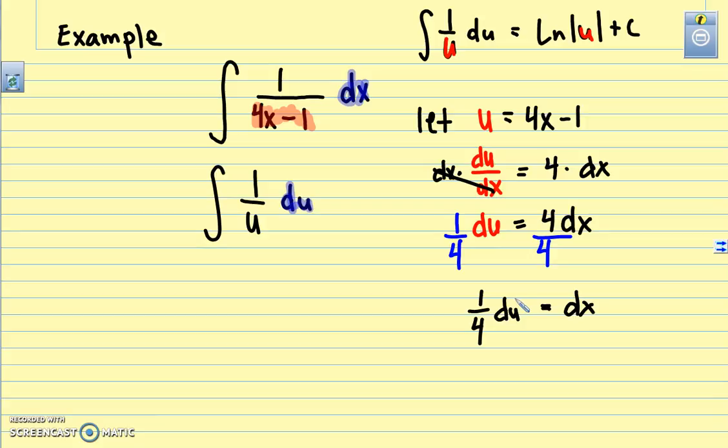Okay, now the reason why is because dx needs to get substituted somehow. So let me erase this du. dx got substituted for 1/4 du, technically. And the constant 1/4 can come out using that constant rule.